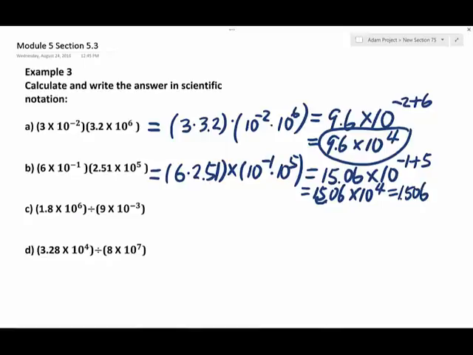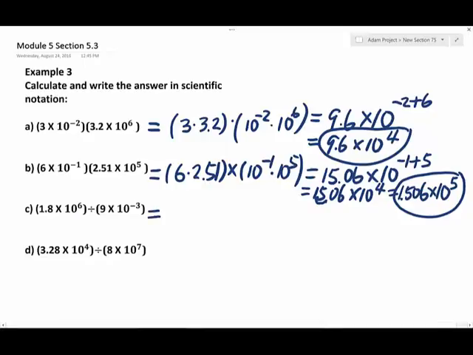And 1.506 is between 1 and 10, so that's great. And we have to do something with the exponents, right? Since we decreased the number 10 times, now we have to increase the exponent part by adding 1 to 4. That will make it 5. So 1.506 times 10 to the 5th power will be the final answer in scientific notation.